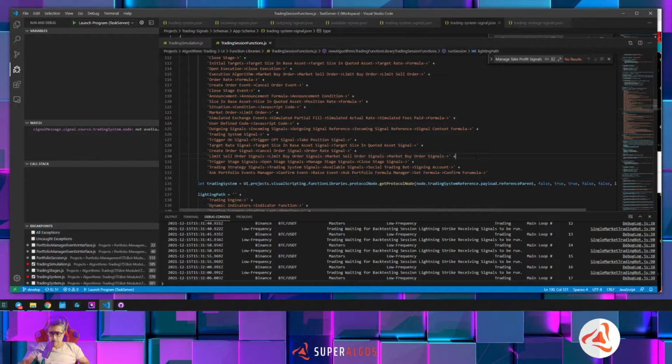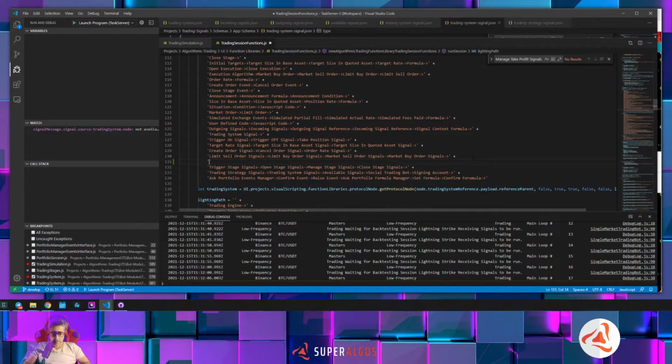Okay, this should be above this lighting path, because the order here matters.